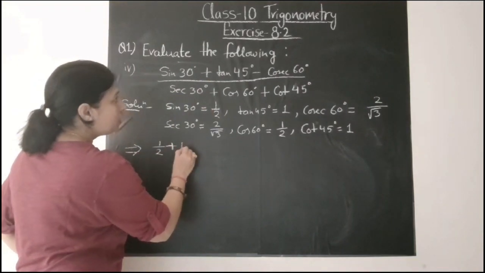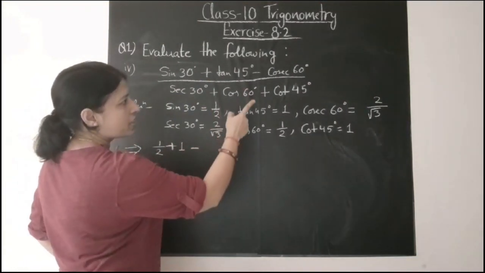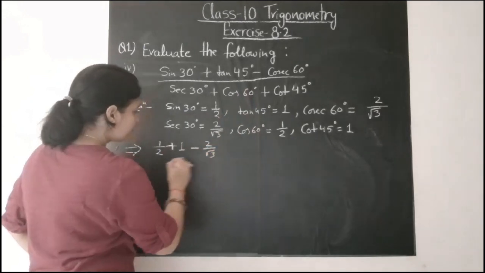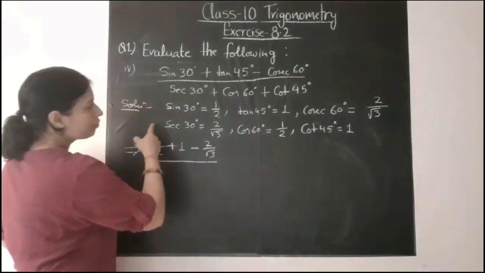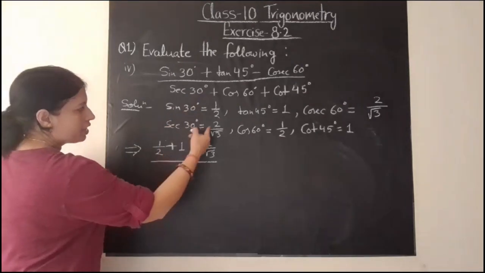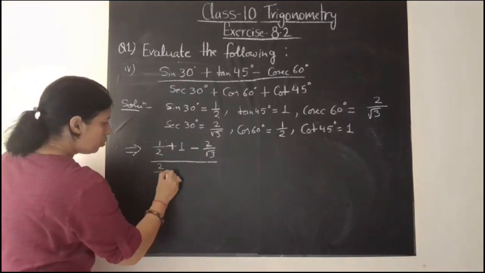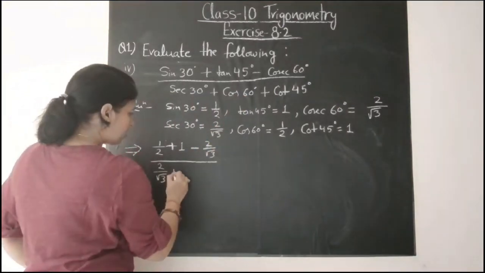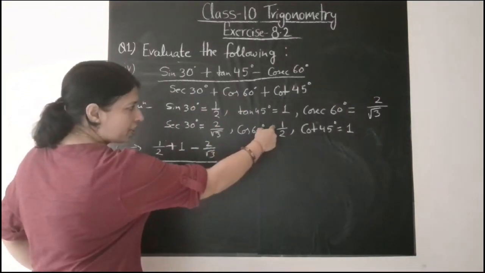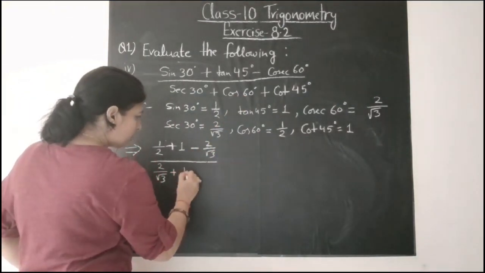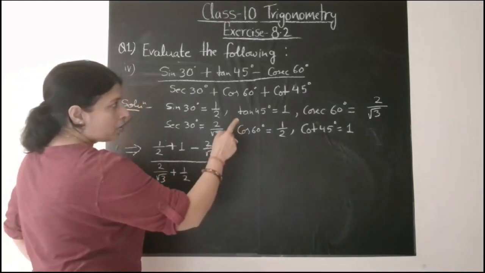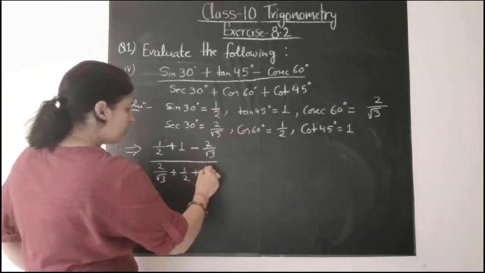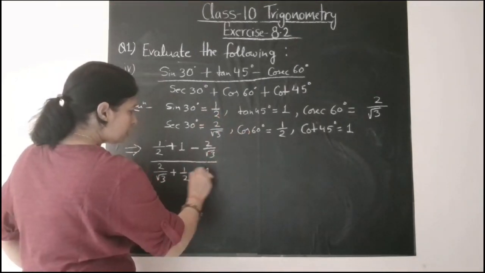So write here 1 minus cosec 60 degree, so it is 2 by root 3, divided by sec 30. Sec 30 is equal to 2 by root 3 plus cos 60. Put the value of cos 60: cos 60 is equal to 1 by 2 plus cot 45 degree. Cot 45 degree is equal to 1.